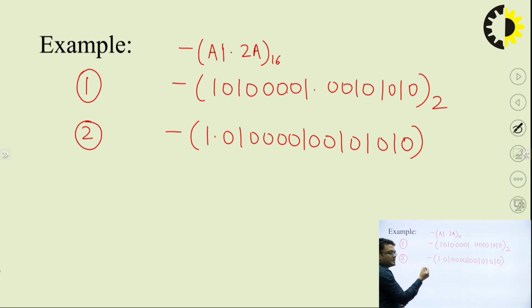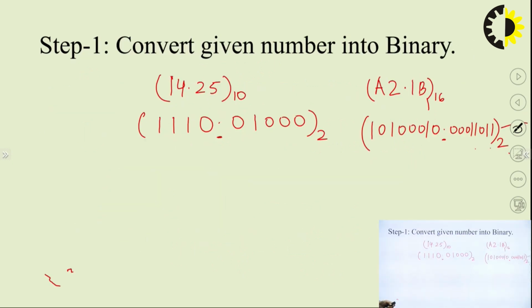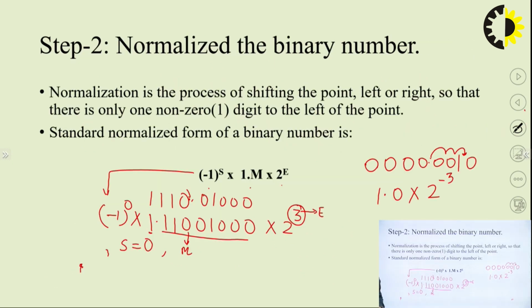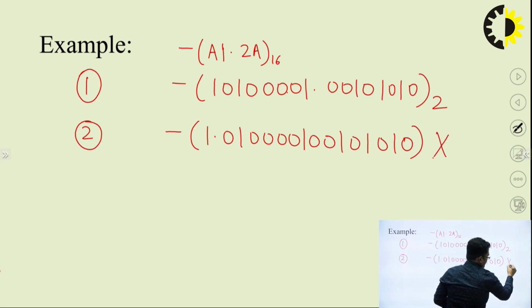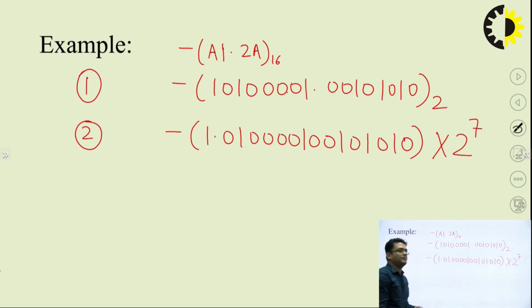Now I need to represent this number in the format. I hope you remember, (-1)^s times 1.m times 2^e. As we have shifted this point towards the left 7 places, we can write 2 raised to the power 7.